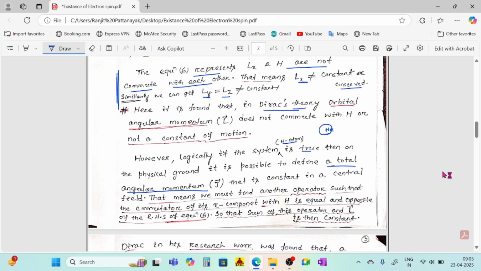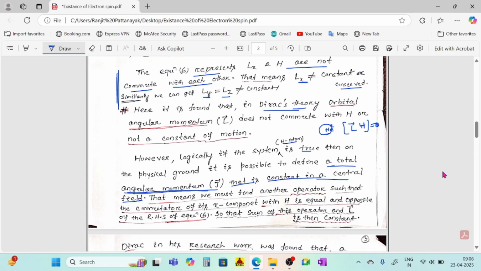If the single angular momentum of this electron revolving around the nucleus does not commute with H, then the total angular momentum should be constant in a central field. That means some angular momentum should be constant here. So only for that it is written that total angular momentum should be constant.